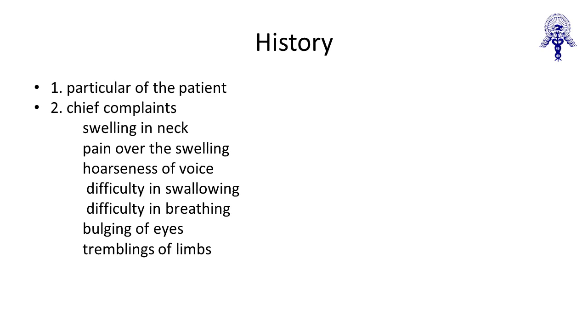Difficulty in breathing, also with a very large or retrosternal goiter. Bulging of the eyes and trembling of limbs are findings of hyperthyroidism. Along with these, patients may have myxedema facies, pretibial edema, lethargy, or cold intolerance. These are the symptoms you have to ask about in a thyroid case.